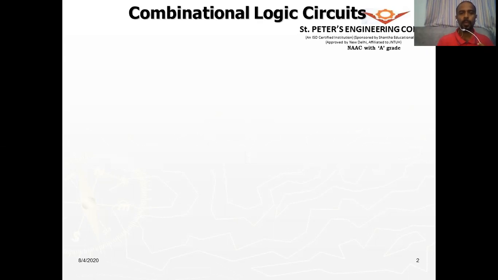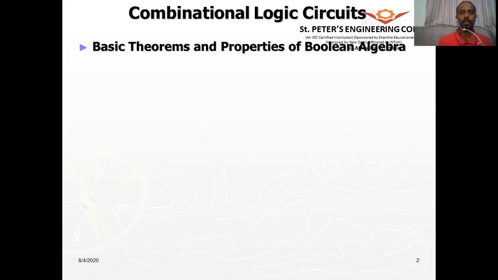So what we will be looking at in this Unit 4, we have to study the basic theorems and properties of Boolean algebra. So there are some postulates and theorems in the Boolean algebra. What is Boolean algebra? It is the binary algebra. All right. It was proposed or invented by George Boole.